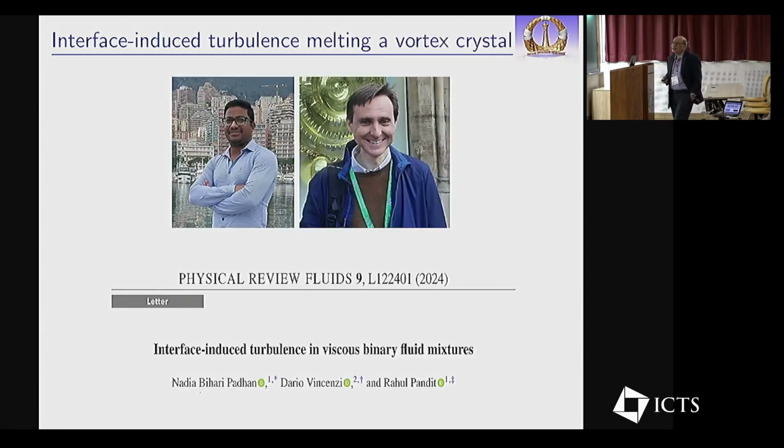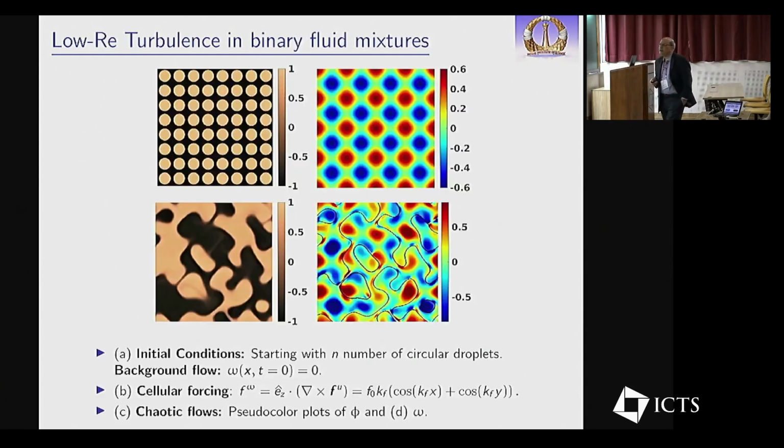Now, let me see if there is an interface-induced analog of this. And indeed there is. We start with the Cahn-Hilliard-Navier-Stokes equations that I told you about. We have this array now, not only of vortices and antivortices, but also A-rich and B-rich regions.